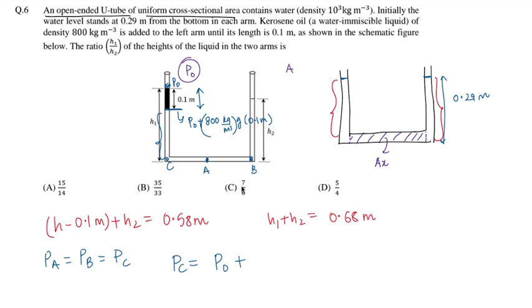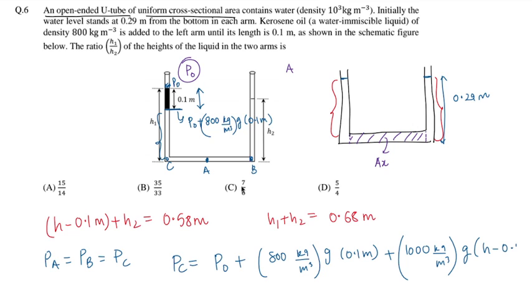PC is equal to P naught plus 800 kilogram per meter cubed times g times 0.1 meters, plus again you descend, but this time in a different liquid, and this liquid has a height of h1 minus 0.1 meters, so this will be plus 1000 kilogram per meter cubed times g, acceleration due to gravity, times h1 minus 0.1 meters.